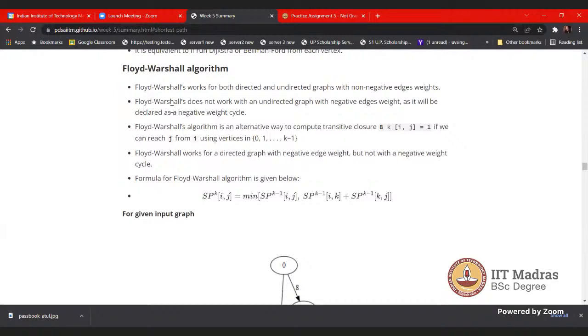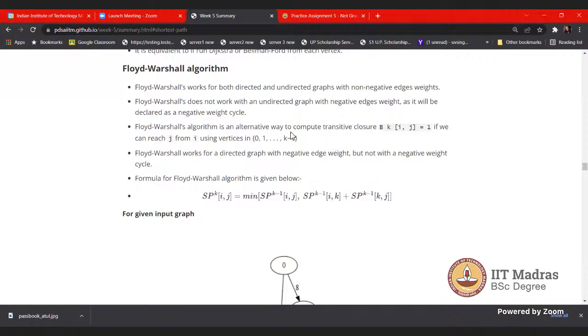These are some properties. Floyd-Warshall works for both directed and undirected graphs with non-negative edges. If a negative edge is given in an undirected graph, it is considered a negative weight cycle. Floyd-Warshall is also an alternative way to compute transitive closure.